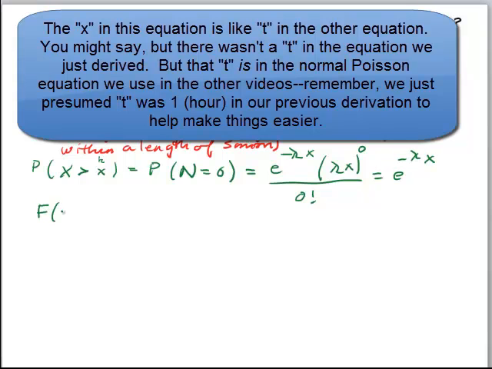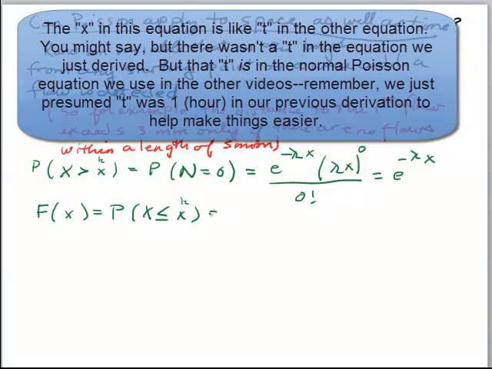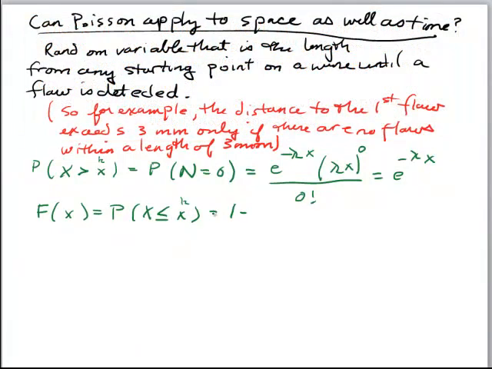So then that cumulative distribution function is just the probability that X is less than or equal to x, whatever that k is actually, is equal to 1 minus e to the minus lambda x, where x is greater than or equal to 0. That's just the cumulative distribution function of X.